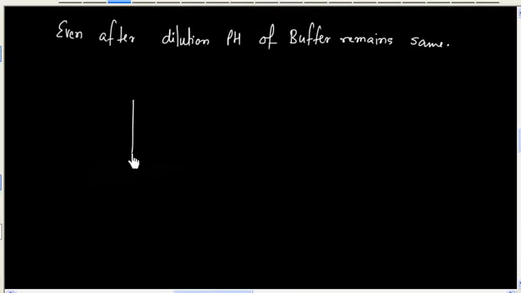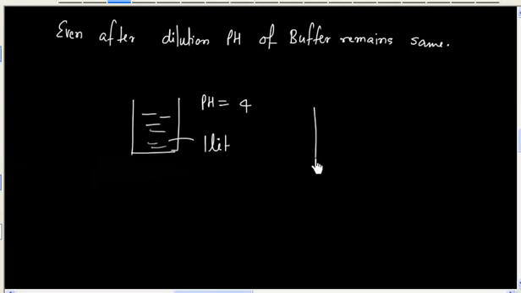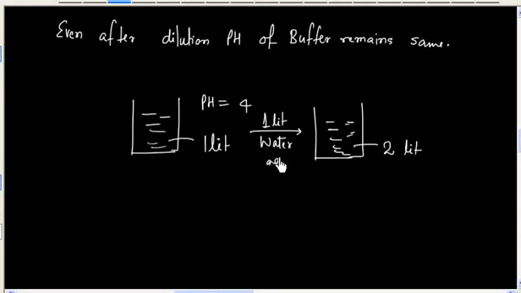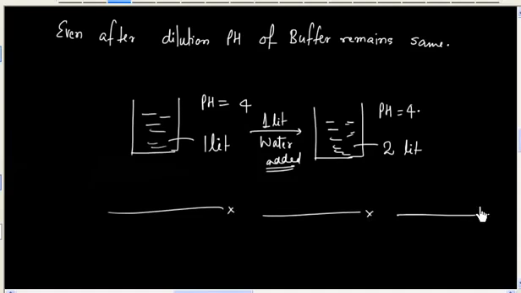So if I have a buffer of 1 liter and let us say its pH is 4, and if we add 1 liter water, so finally becomes 2 liter solution. But the pH will remain same, that is 4. So pH is unaffected by dilution. So this is important points of a buffer.